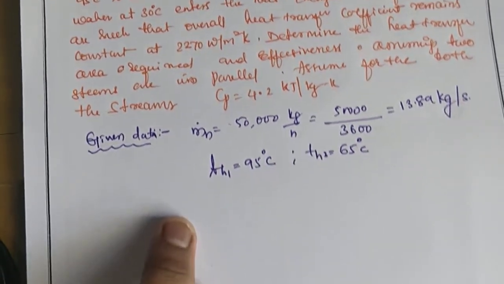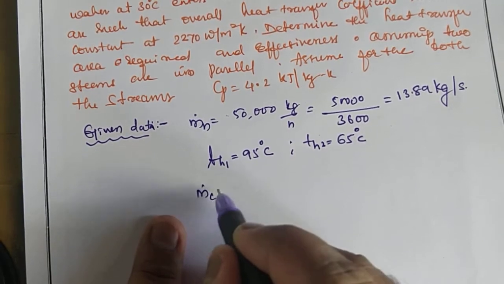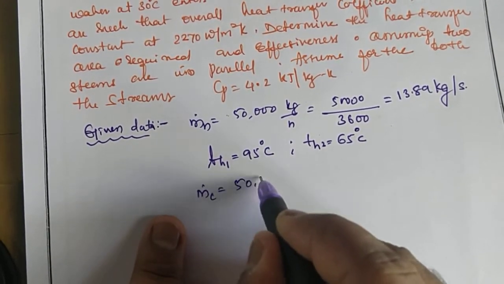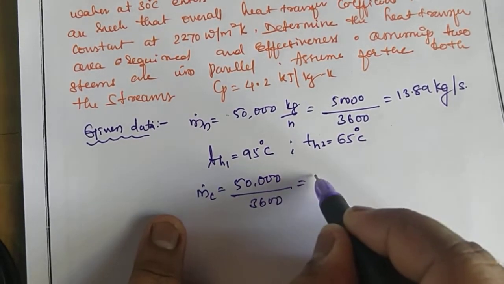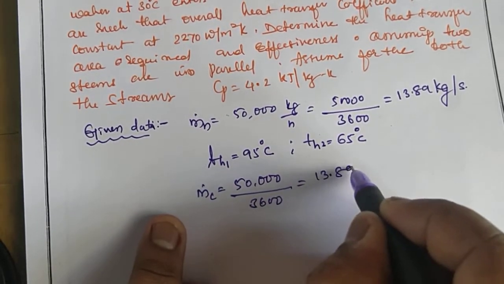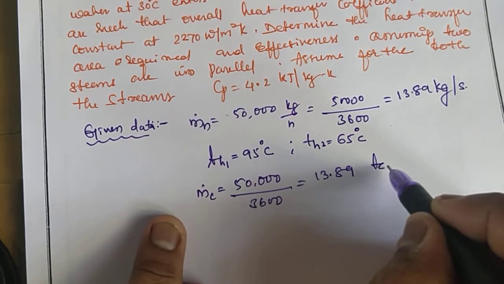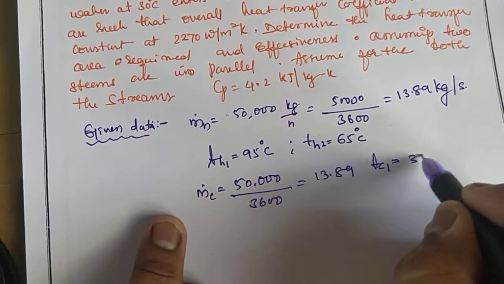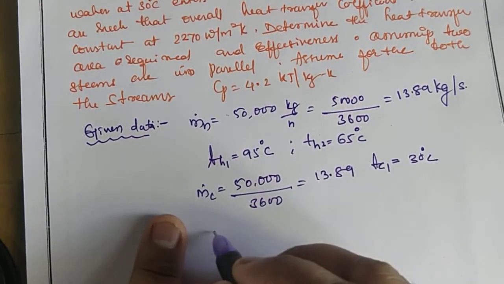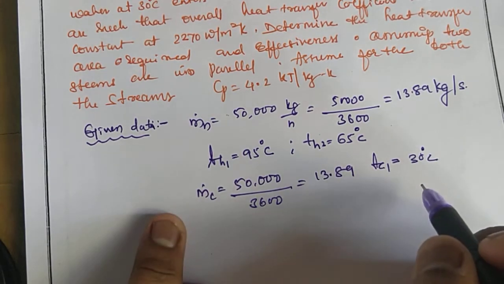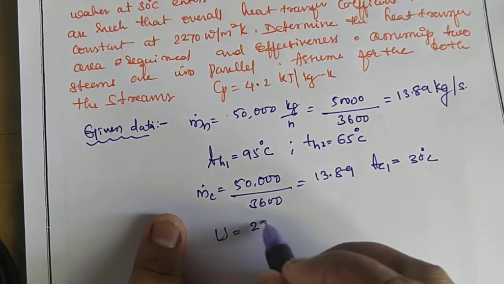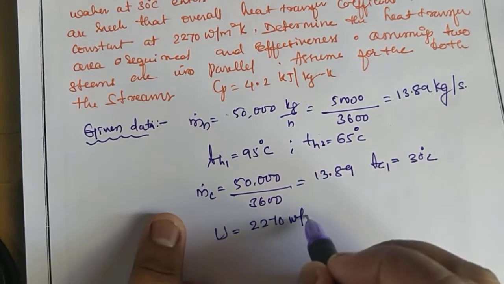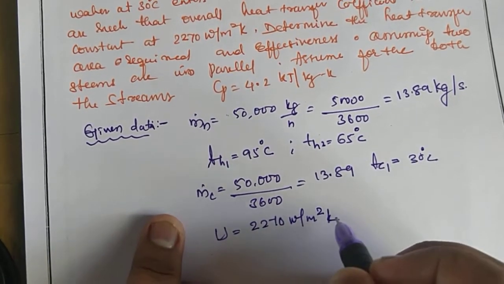The mass of the cold fluid is given again as 50,000 per 3600, that is 13.89 kg per second, and the temperature of the cold fluid at the inlet is 30 degrees centigrade. The overall heat transfer coefficient is constant, they told us, so 2270 watt per meter square Kelvin.